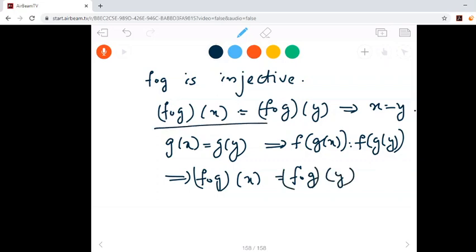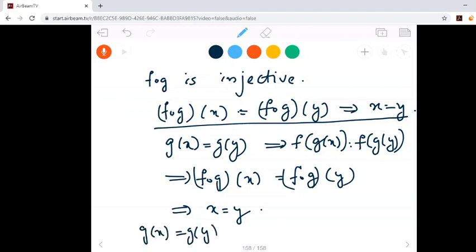And here we have f composite g of x equal to f composite g of y implies x is equal to y. So from here we get x is equal to y. So we have started from g of x equal to g of y, and this implies x is equal to y, which means g is an injection. So whenever f composite g is injective, g is also injective.